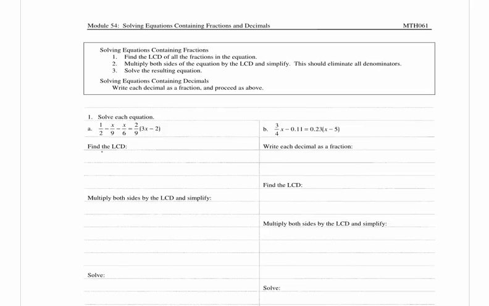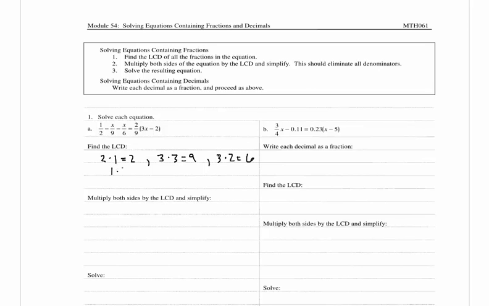And to find the least common denominator, we can write the factors of the current denominators. So for 2, we have 2 and 1. For 9, we have 3 times 3 is equal to 9. And then for 6, we could say that 3 times 2 is equal to 6. So now, for 2, we have 2 and 1, and we're going to keep building on the list of everything that's not included.